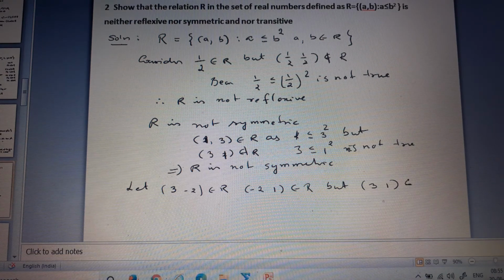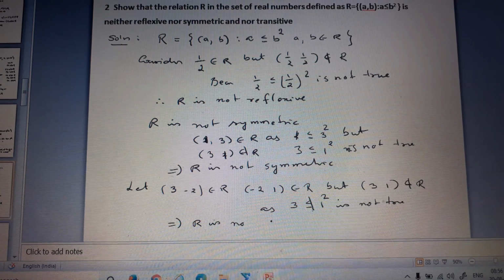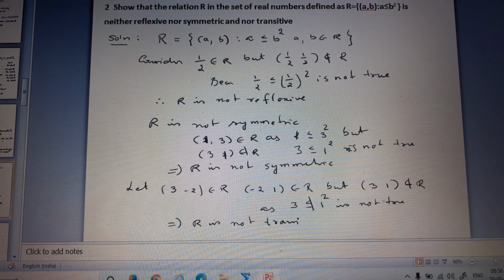But this does not belong to R because 3 less than or equal to 1 square is not possible. This implies clearly R is not transitive. Therefore, this is an example which shows R is neither reflexive nor symmetric nor transitive.